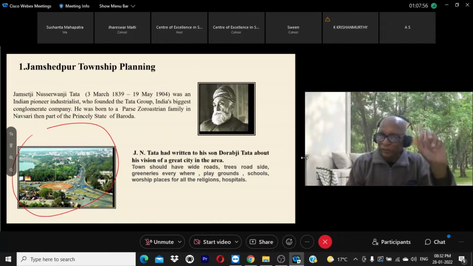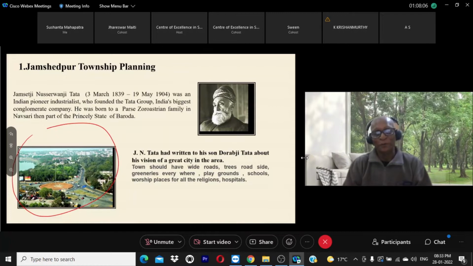At the conceptual stage of the steel plant which came in Jamshedpur, he thought of all these things. And finally, Jamshedpur is the only city now in the world owned by a private company. And this is one of the best cities in the world, not only in India. It is called Green City.